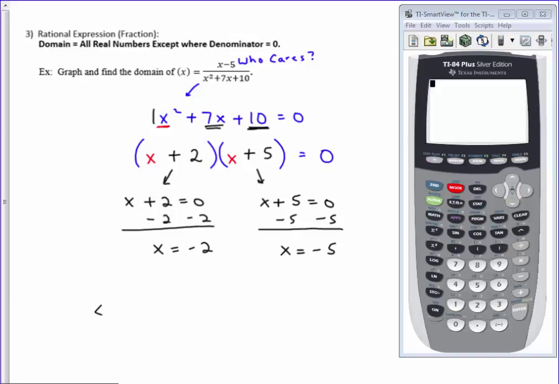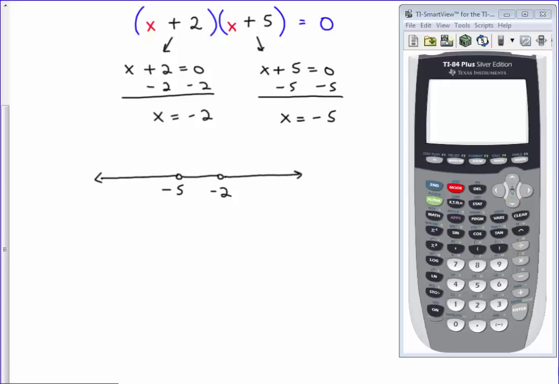So a picture of your domain would look like this. We would have negative 5 to the far left and negative 2 to its right. I've used open circles to indicate that those 2 values cannot be included in my domain.